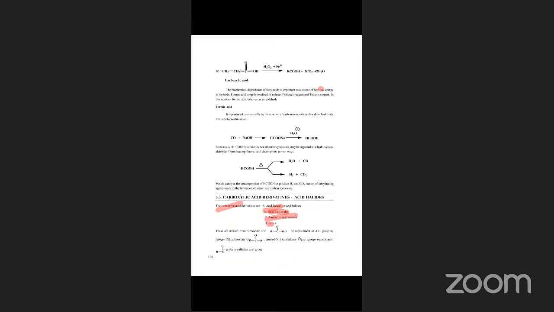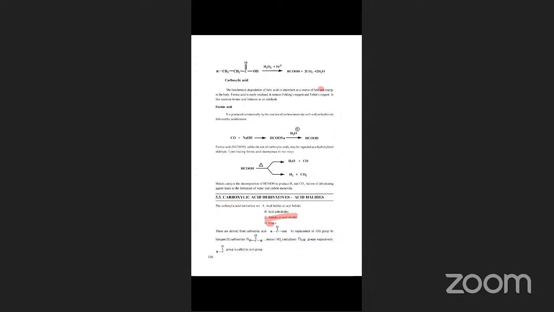Simply, look at it like this. This is RC double bond OH. What is the functional group? Carboxylic acid.